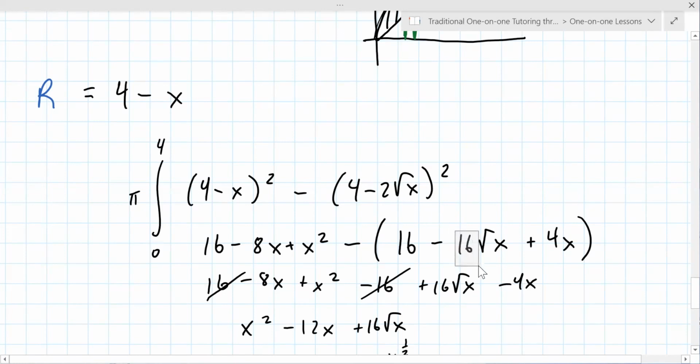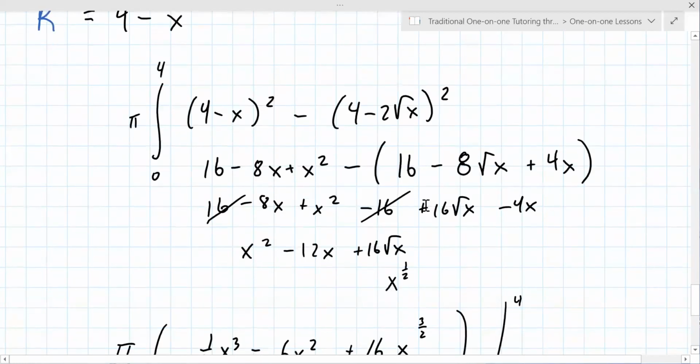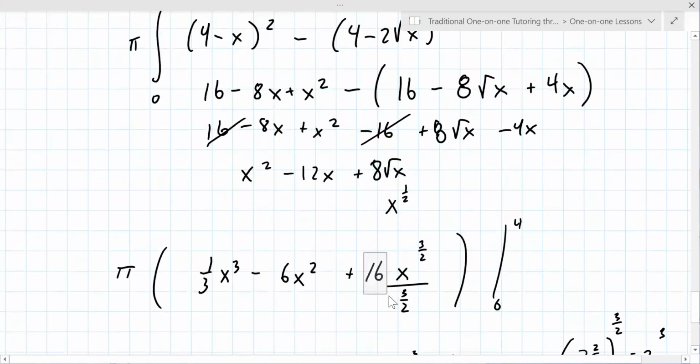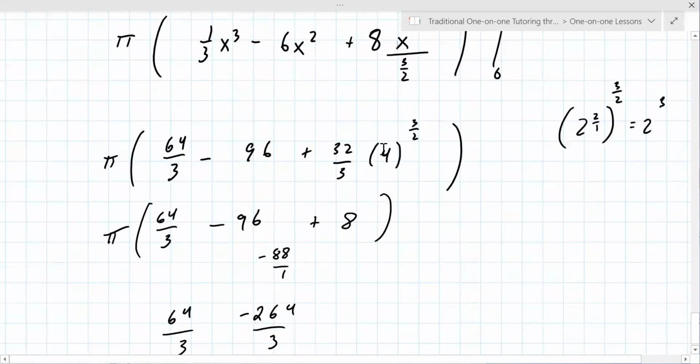This one should have been just 8. Ah, and that will affect a lot of things here. So then it's x squared minus 12x, plus. But is that enough? So that's 16 over 3. We didn't do the 16 over 3, yeah, times 8.